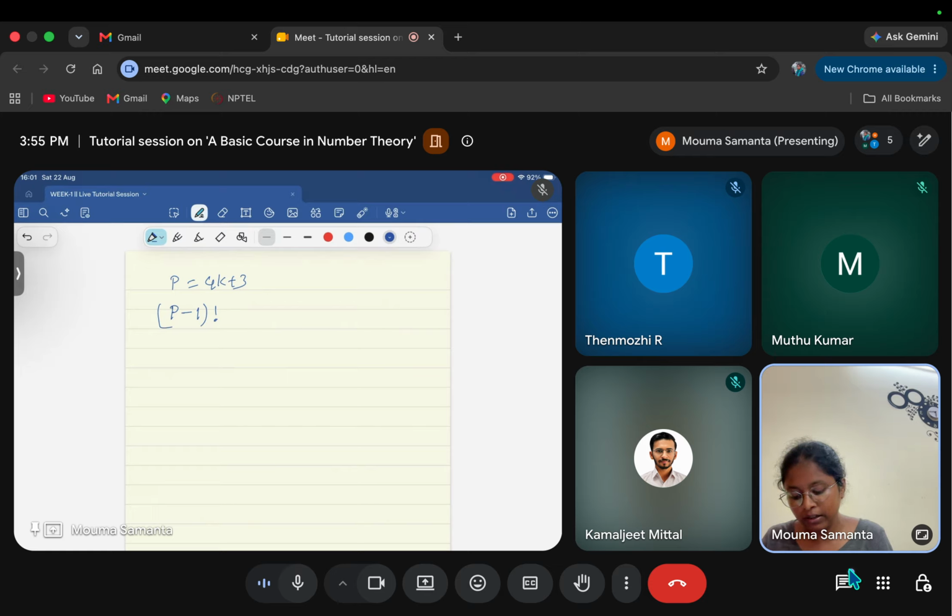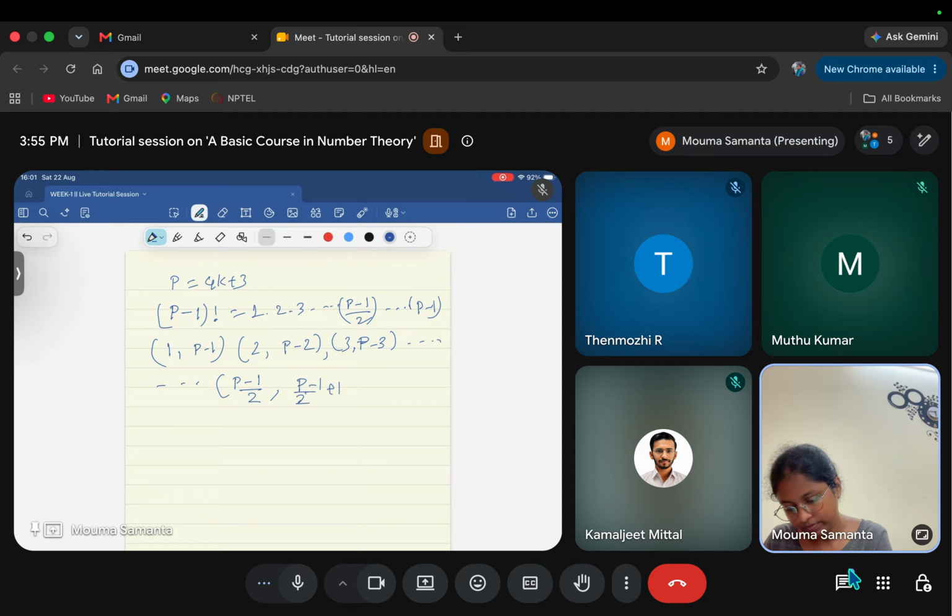Now we are clumping, we are taking the pairs. It was 1 into 2 into 3 up to somewhere in the middle, p minus 2, up to p minus 1. So we are taking these pairs, 1 and p minus 1, 2 and p minus 2, 3 and p minus 3, up to p minus 1 by 2 and p minus 1 by 2 plus 1, that is p plus 1 by 2.